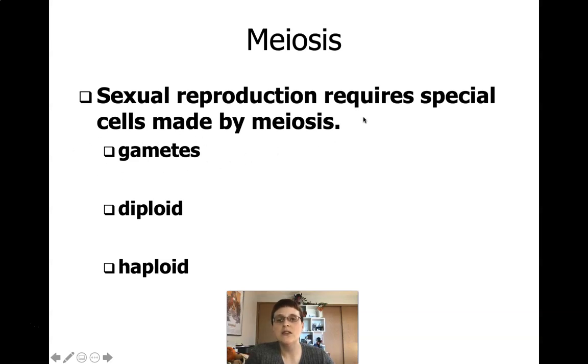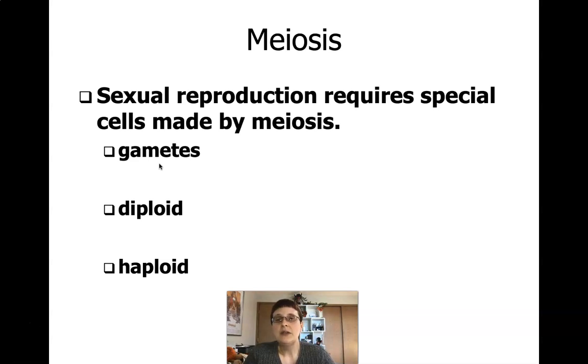So the special cells made by meiosis are gametes, sperm and eggs, and there are special cells that have actually evolved to continually divide and produce sperm, and then to produce the egg cells as well.